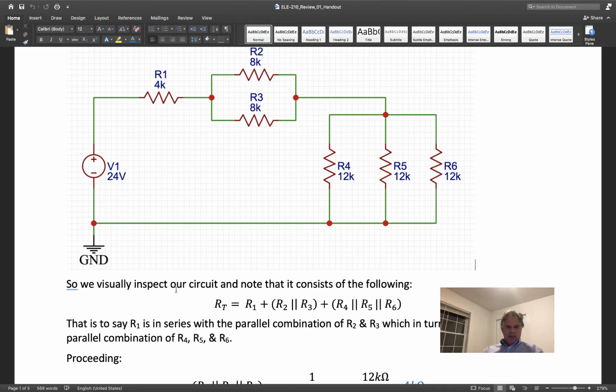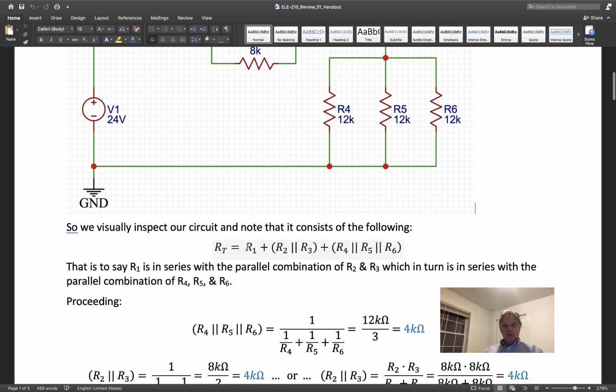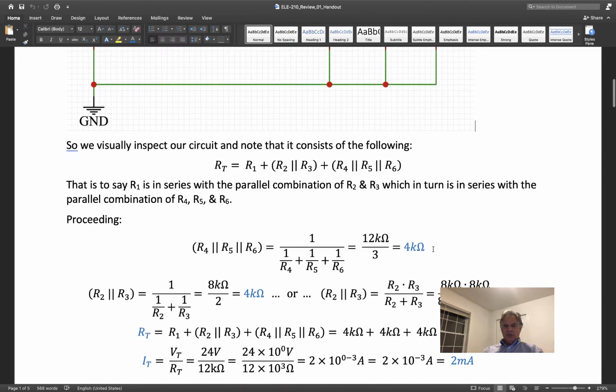And we can indicate that in a formula right here. R total equals R1 plus the parallel combination of R2 and R3 plus the parallel combination of R4, R5, and R6.